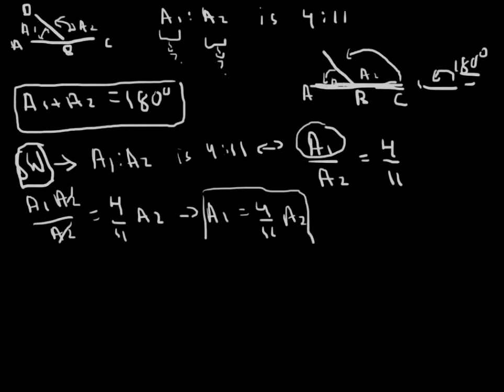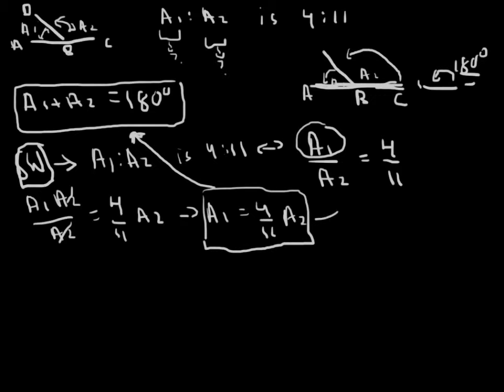So now we have an expression for A1 in terms of A2. And by subbing this into here, instead of having two unknowns, A1 and A2, we'll only have one unknown, which is A2.